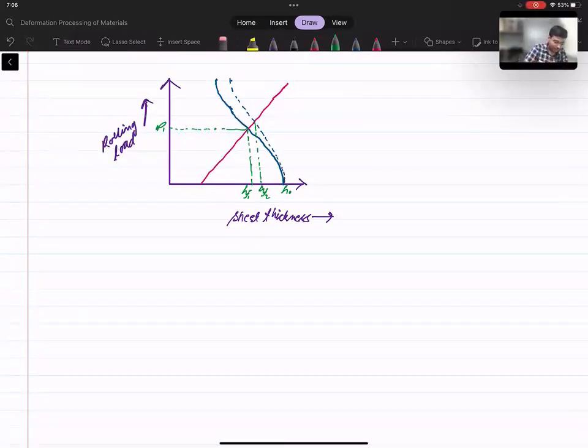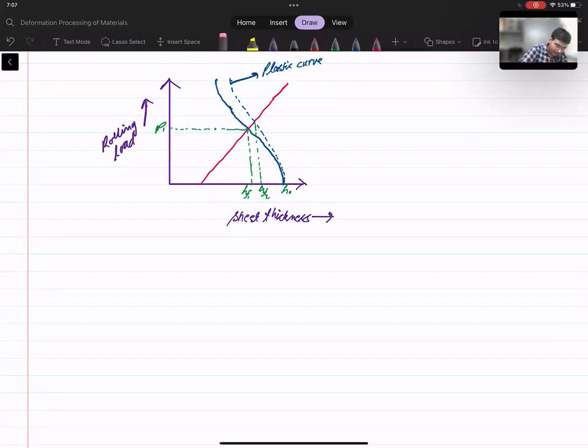Now, so here the plastic curve, this particular curve has shifted due to increase in the coefficient of friction or flow stress. Okay.